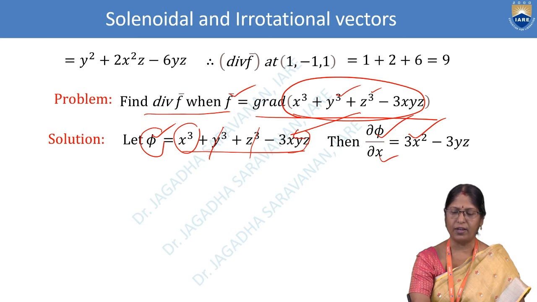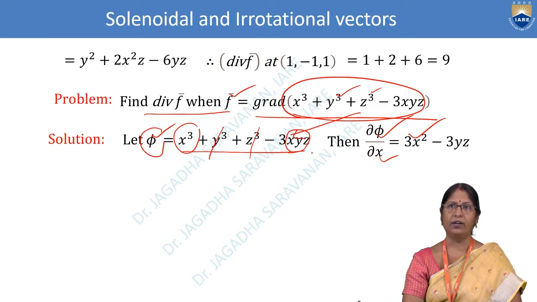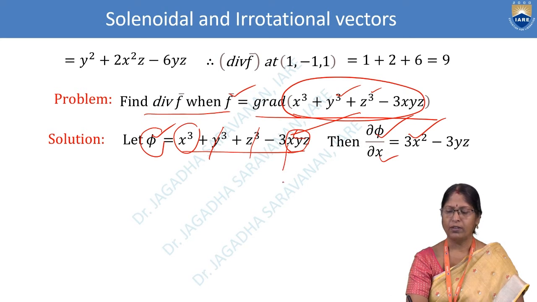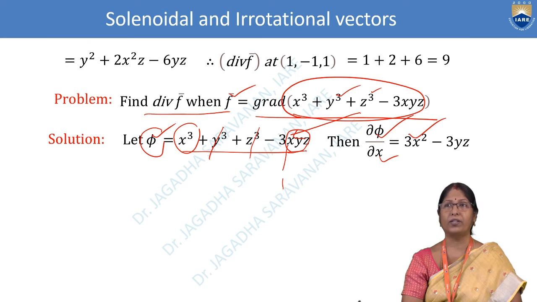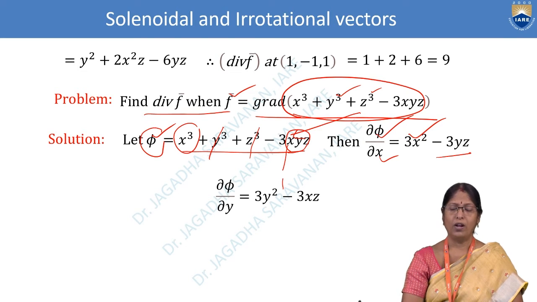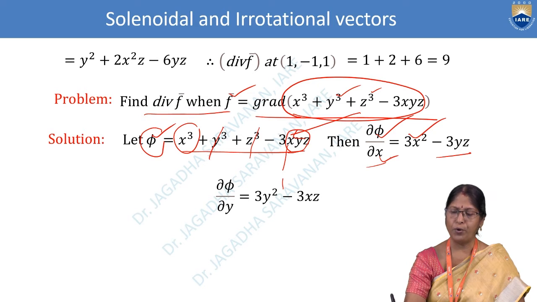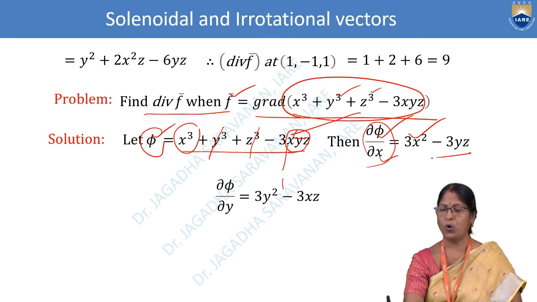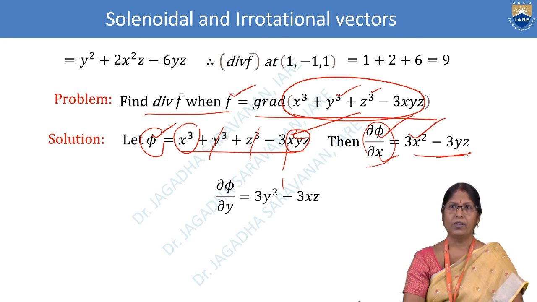But here the variables are under multiplication, so the differentiation of x is 1. The y, z are treated as constant. It is written minus 3yz. Now dou pi by dou x we did; we got this result.